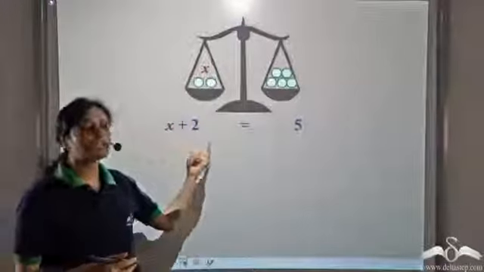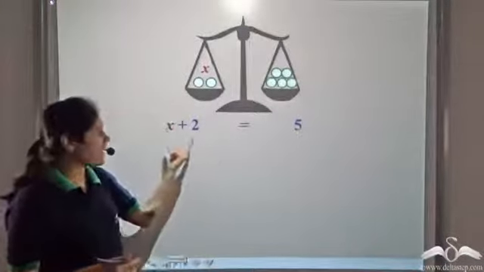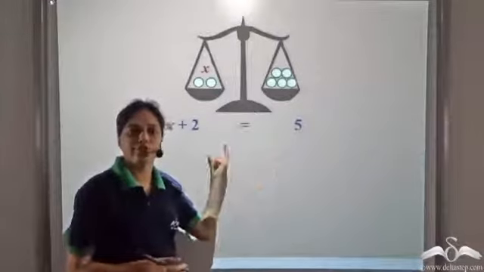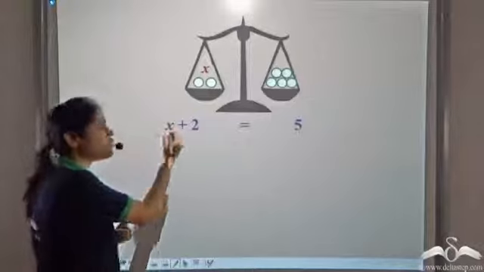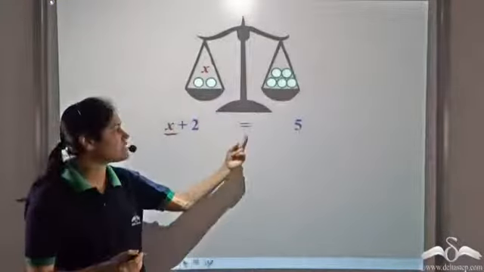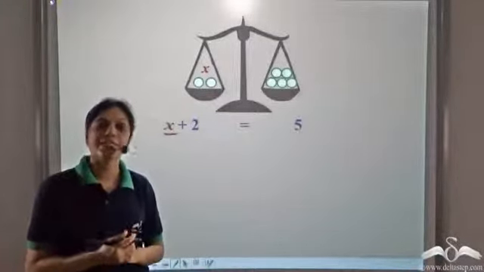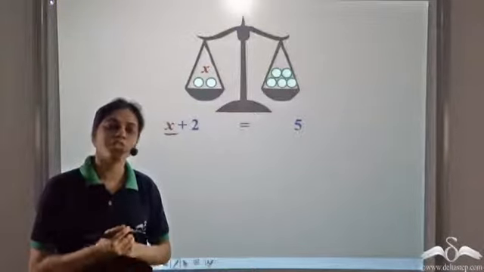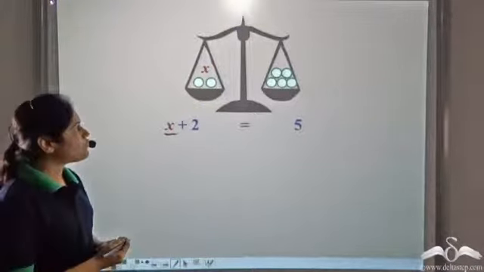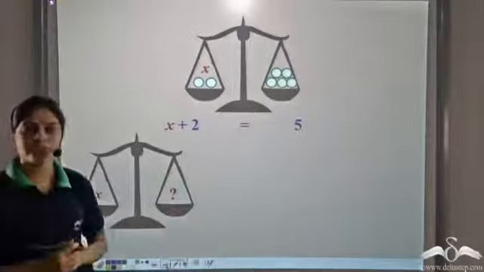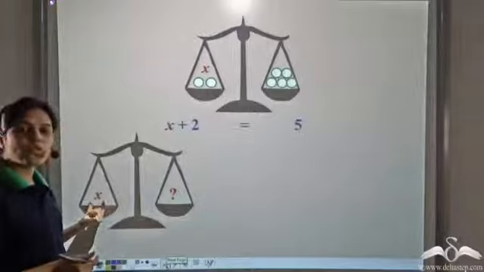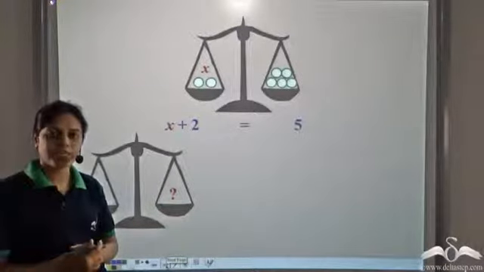Now, we need to solve this equation. x plus 2 is equal to 5. Solving this equation means finding that value of x for which this equality holds, that is, for which this equality is true. So for that, we require only x on the left hand side.